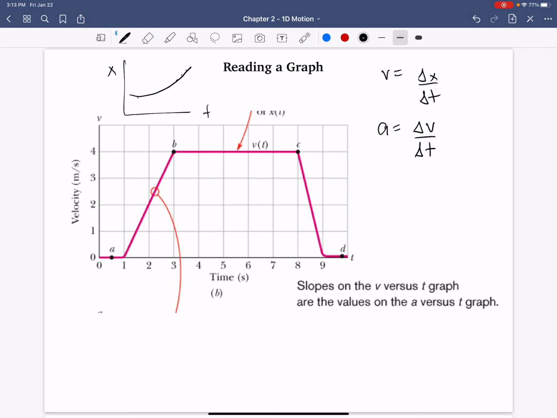And so in this case, let's go at 2 seconds. The change in speed is 2, divided by delta t, which was 1 second. So this turns out to be an acceleration of 2, keeping units in there, 2 meters per second divided by 1 second gives us 2 meters per second squared, right?